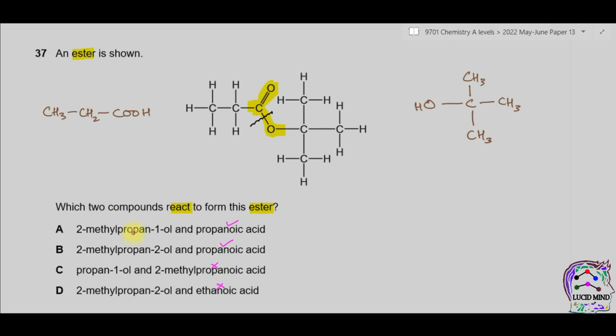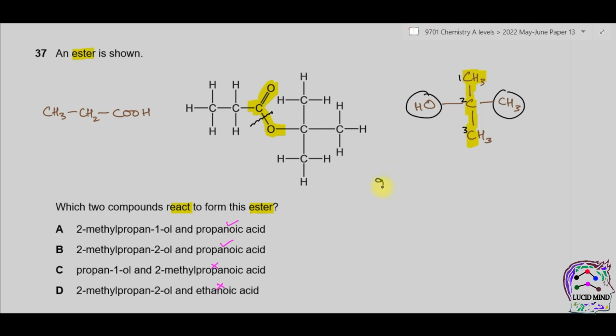So among first and second, let's find out which alcohol do we have. So first thing is, in naming, you have to find out the long chain. So we have 3 carbon atoms present in the long chain, and these two are the substituents. So we can number it 1, 2, 3. So on second carbon we have alcohol, on second carbon we also have a methyl group.